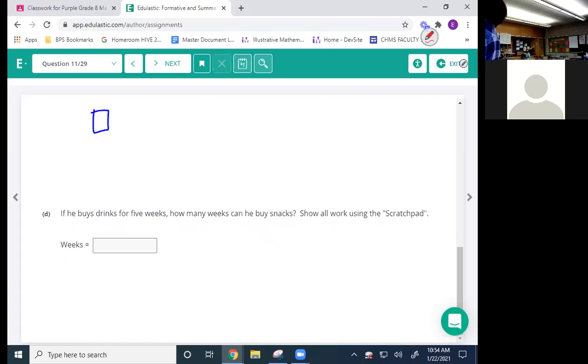So you would use that same equation of 45 is equal to 6.25 snack plus 2.5 D. And what are we going to do with that 5? Plug it in where? Into the 2.5 D.